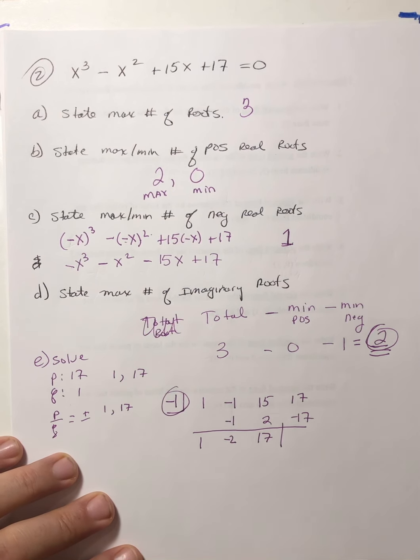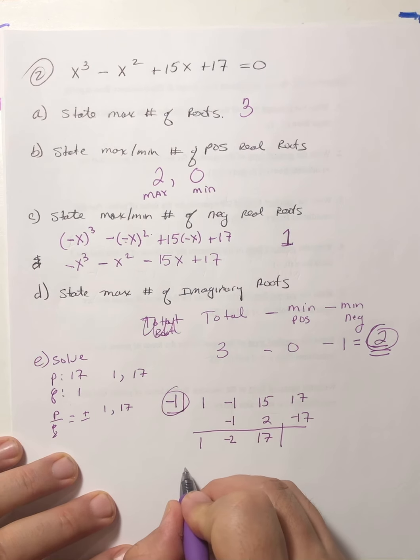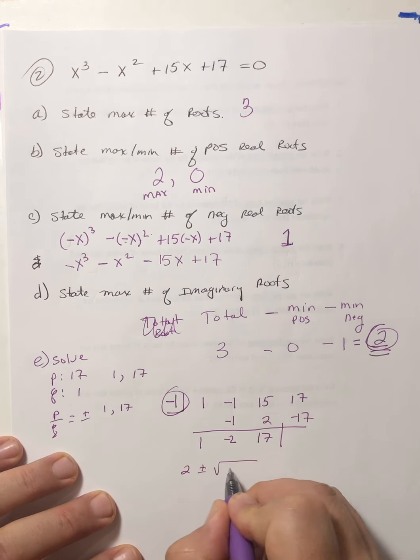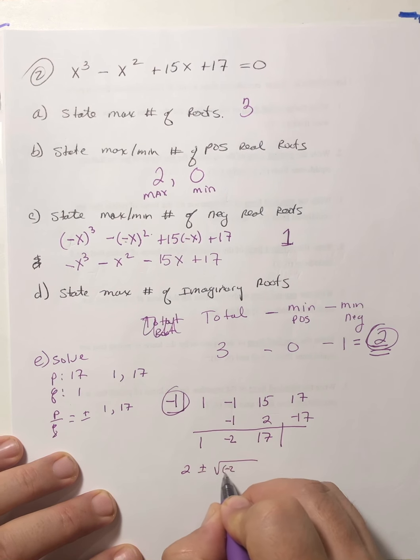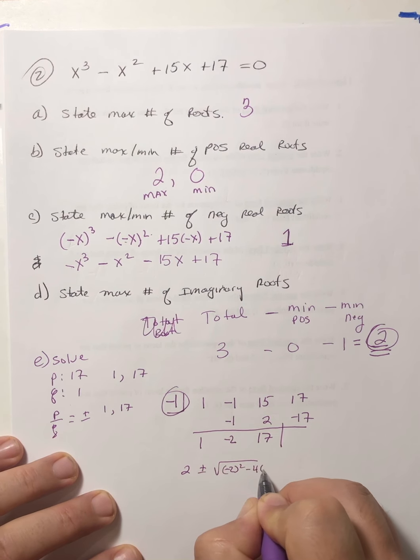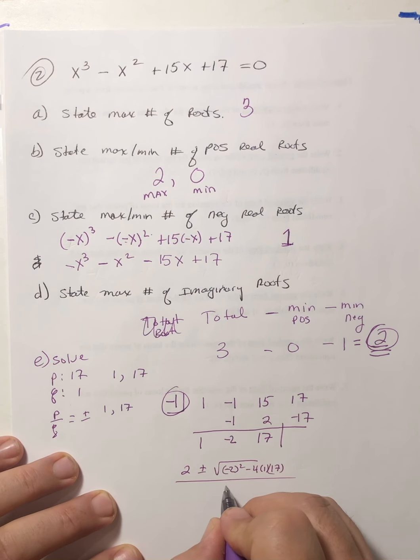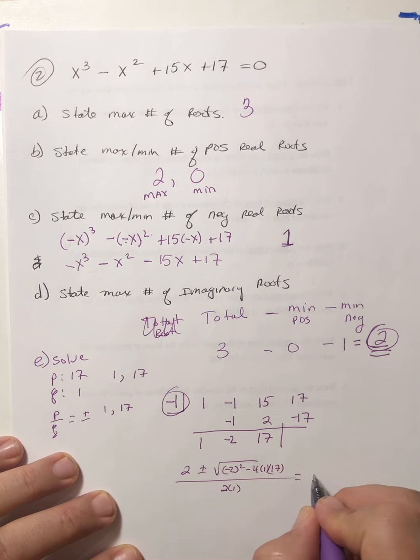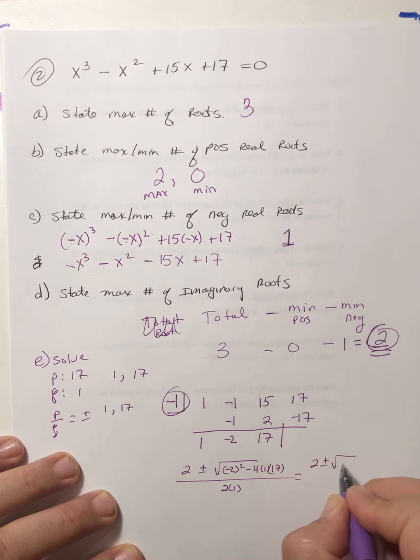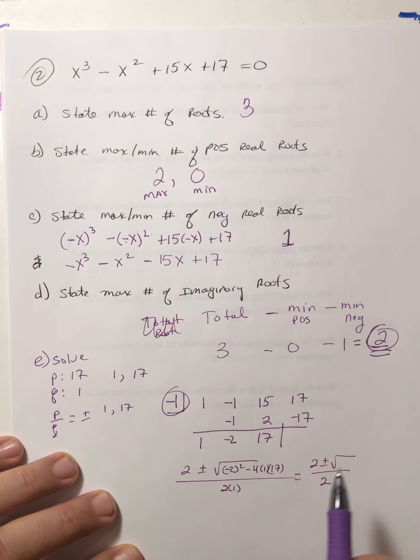That's not factorable, so I have to do my quadratic formula. So it's 2 plus and minus the square root of -2 squared minus 4 times 1 times 17 all over 2 times 1.